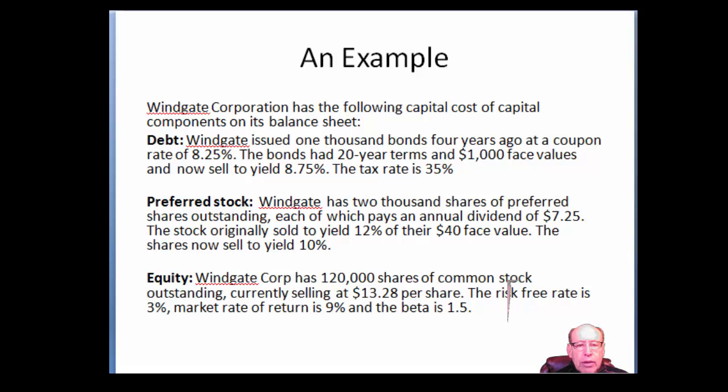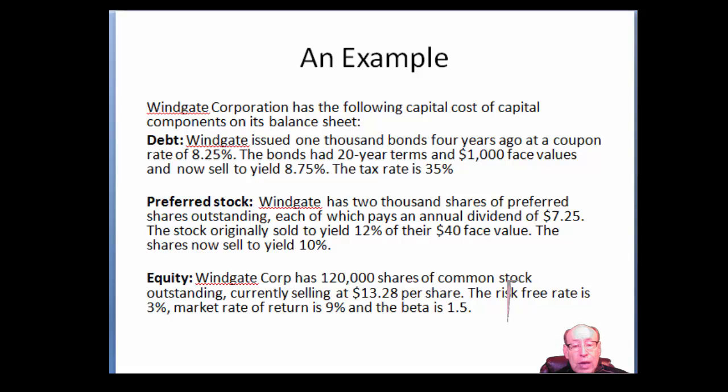We have Wingate Corporation, and it has capital cost components on its balance sheet. We have debt, and Wingate issued 1,000 bonds 4 years ago at a coupon rate of 8.25%. The bonds had 20-year terms and $1,000 face values, and now sell to yield 8.75%. The tax rate's 35%.